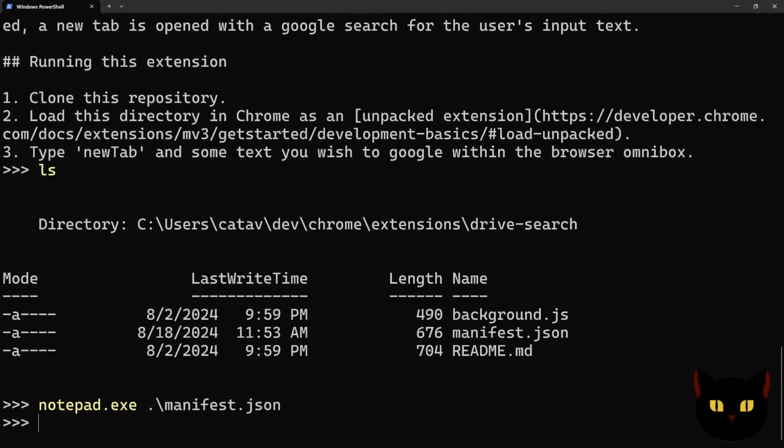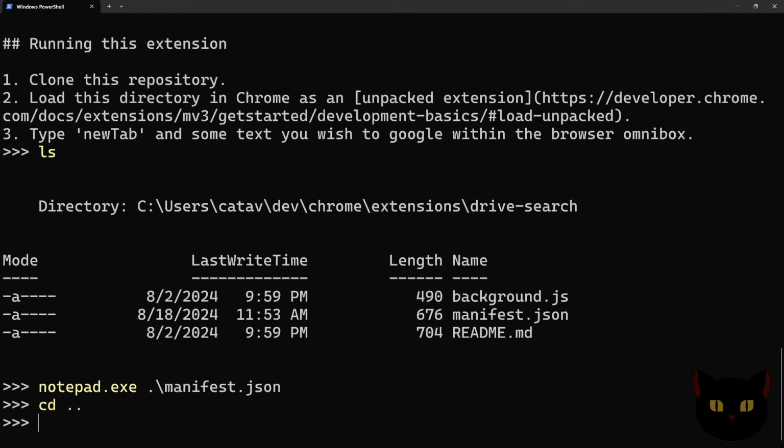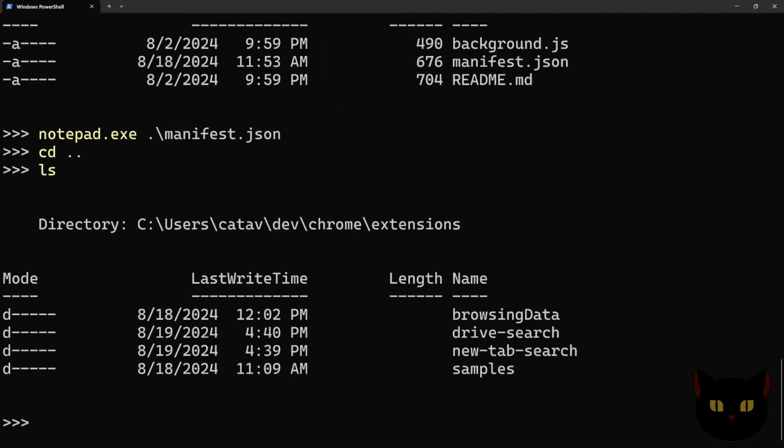Opening a new tab. Yeah, see, I need to track search. Good job, past me.